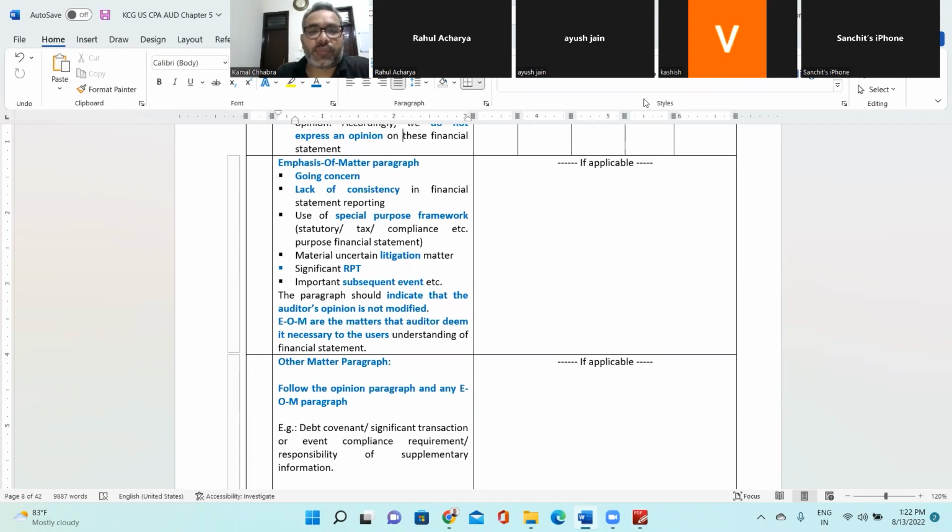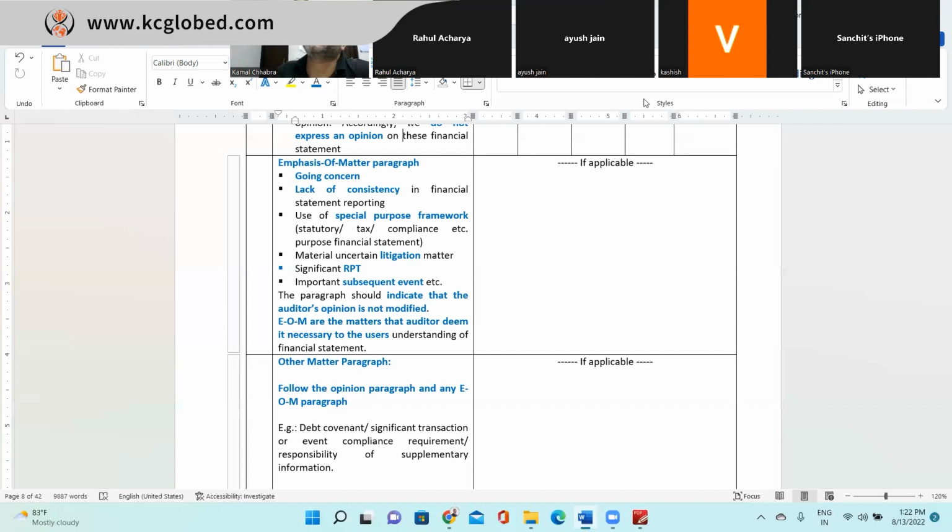Next is use of a special purpose reporting framework. For example, if you are auditing under something other than GAAP, right? For example, IFRS, you need to mention in the emphasis of matter paragraph that you are using IFRS, not US GAAP. Right? If you are doing, let's say, government auditing or a single audit, you're using GAGAS, right?